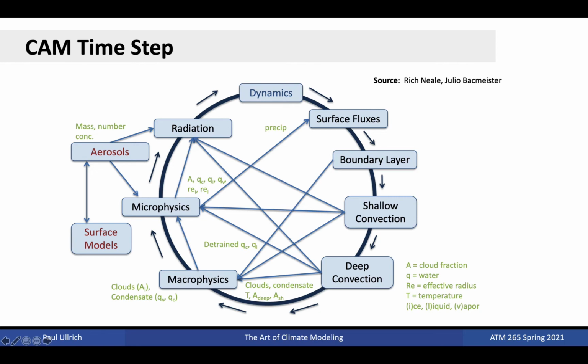Once the dynamics of subgrid scale convection and turbulence are resolved, then we can calculate the distribution of clouds in the macrophysics parameterization. This information is then passed to the microphysics parameterization, which deals with water species, phase changes of water, condensation, and precipitation.